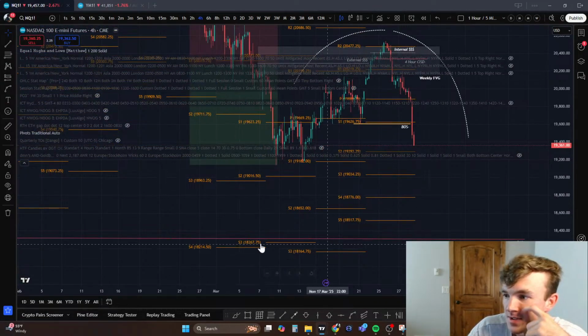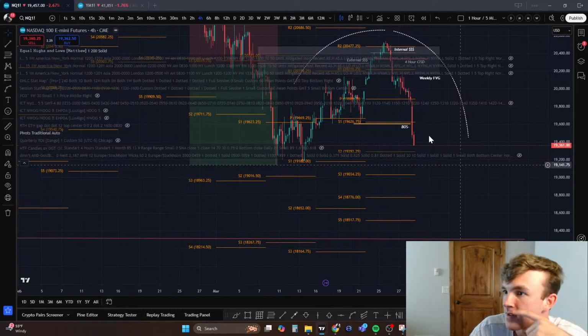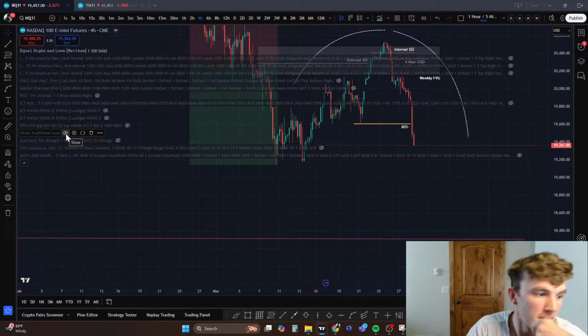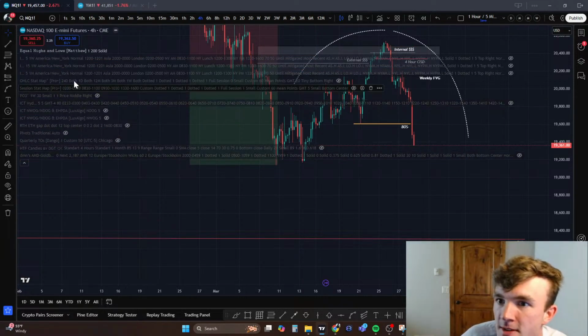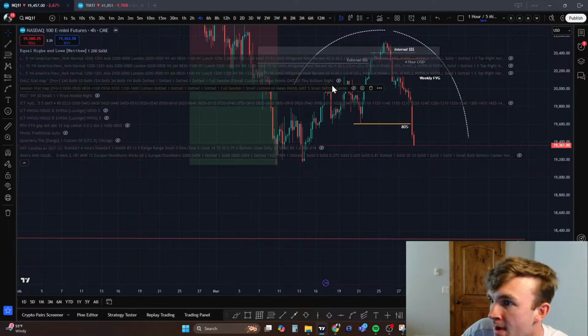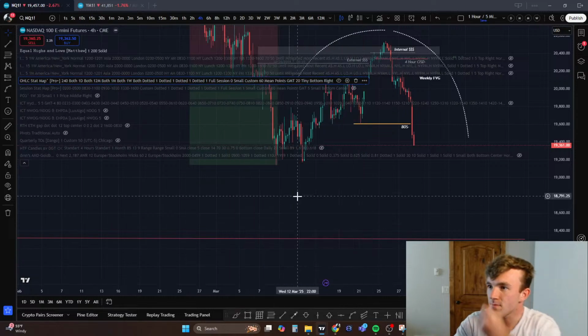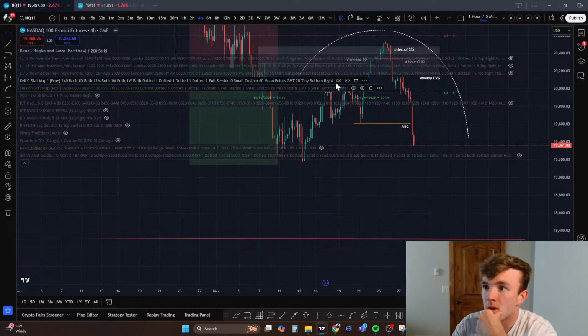And then all of these support pivots right around the previous month's low. Interesting. Okay. Anything else we should look at here? Stat map. Yeah, I think we're good on stat map.